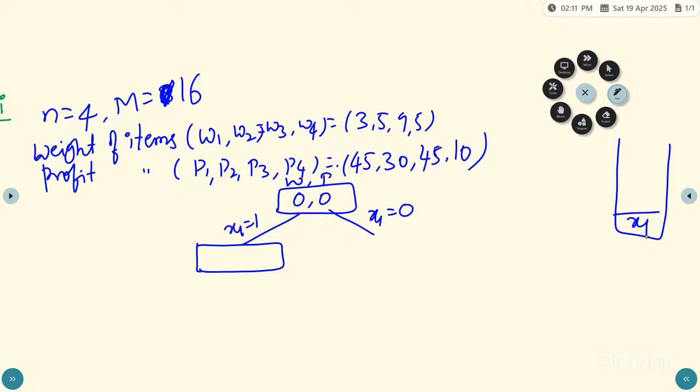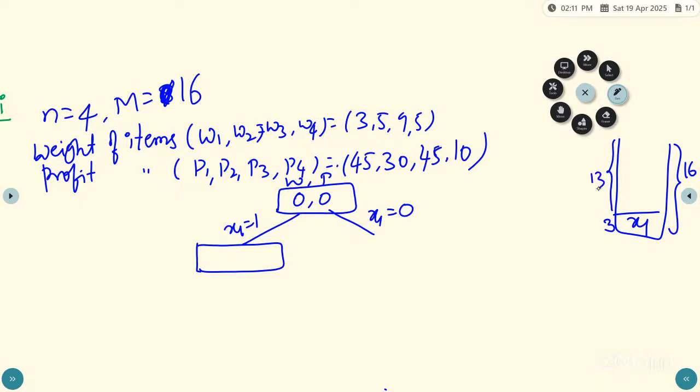So total capacity is 16 units. Now what is the first item weight? Weight of first item 3 units. So 3 units are occupied. Leftover is 13 units.